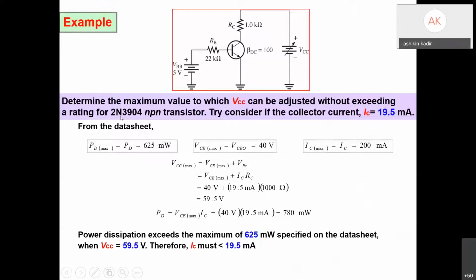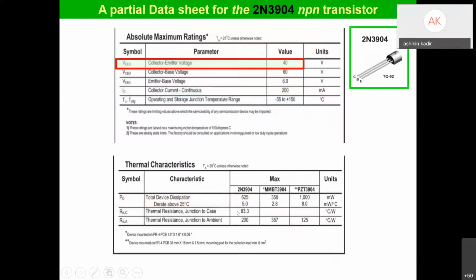For the 2N3904, in the data sheet they will provide you the total power dissipation at room temperature. Here your PD is 265. And then it gives you a VCEO, which means the collector-emitter voltage.